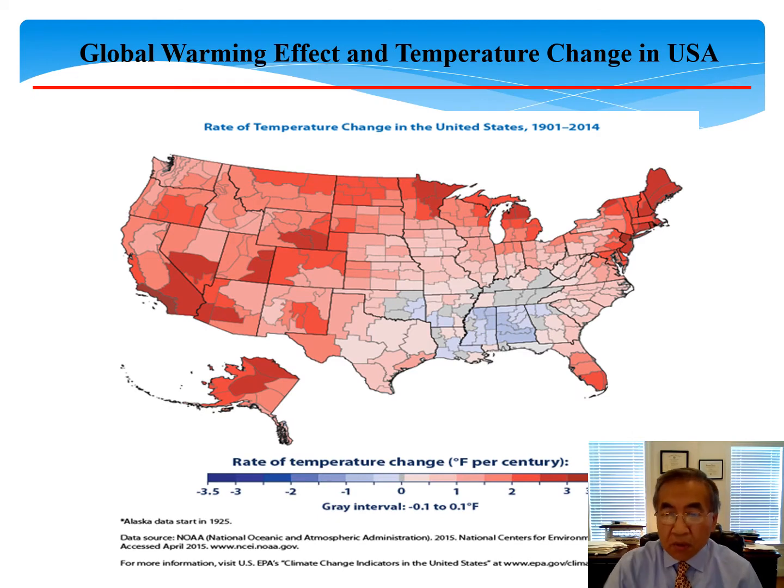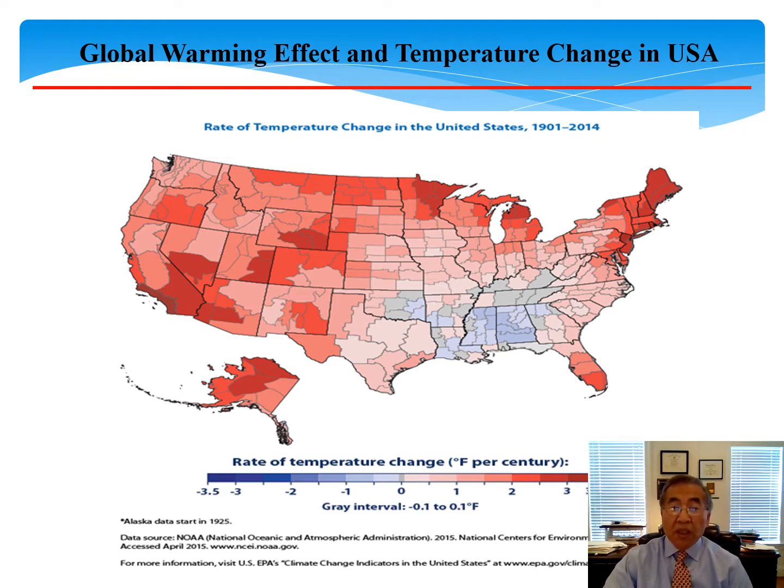This is the diagram of the United States from 1901 to 2014. You can see the temperature increase in the western portion, the pinkish to red color, increasing 1 to 3 Fahrenheit. 3 Fahrenheit is equivalent to about 1.7 centigrade, and the northeast portion of the United States also had a higher temperature increase.